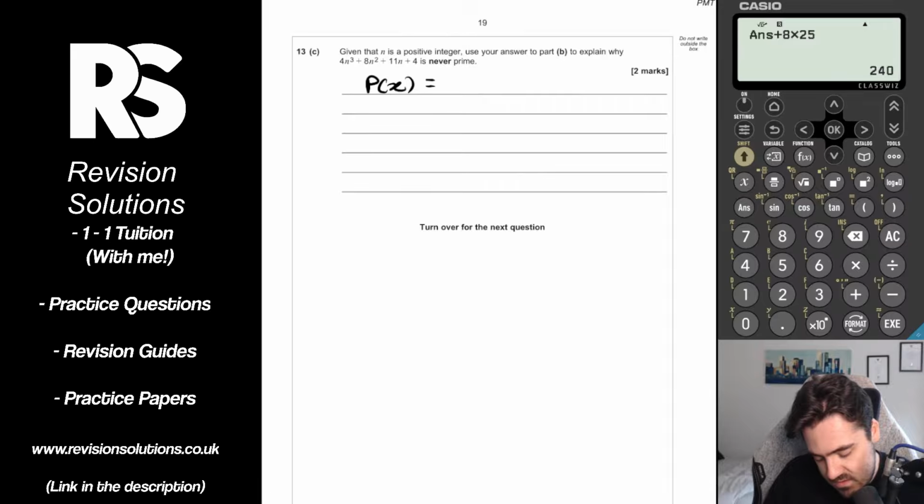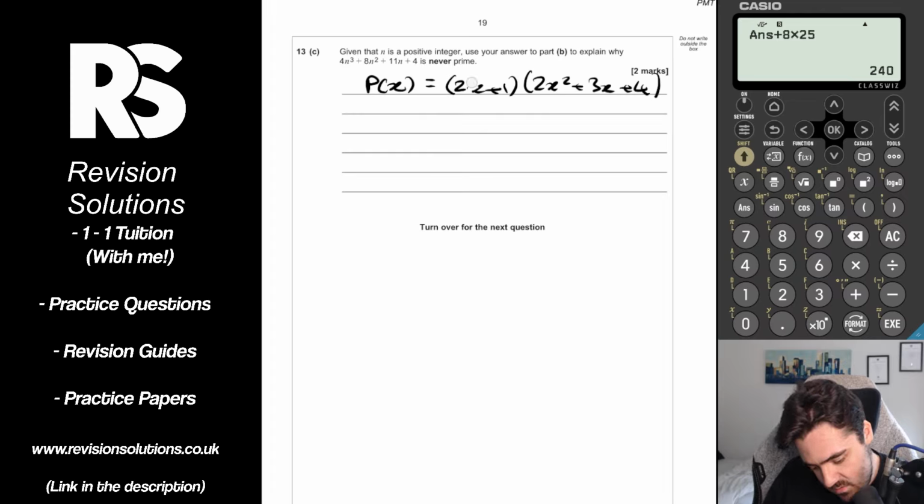P of n is 2x plus 1 times 2x squared plus 3x plus 4. Oh, sorry, I should have written n. Let's just replace these with n: 2n plus 1 times 2n squared plus 3n plus 4.